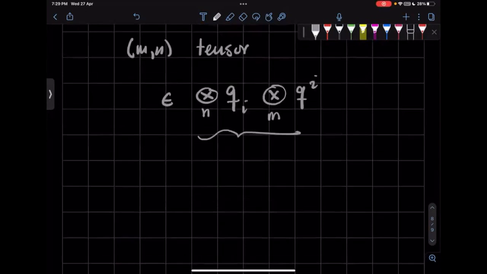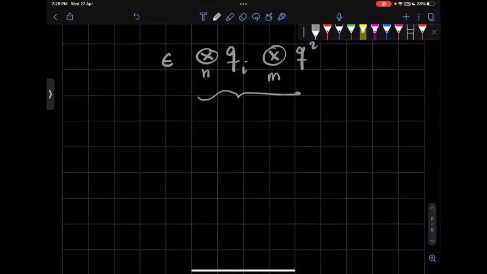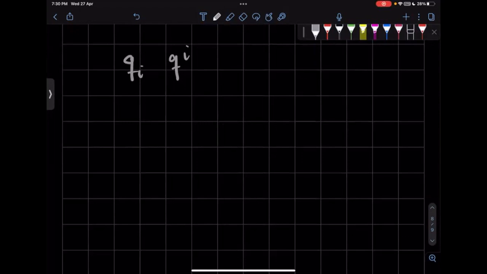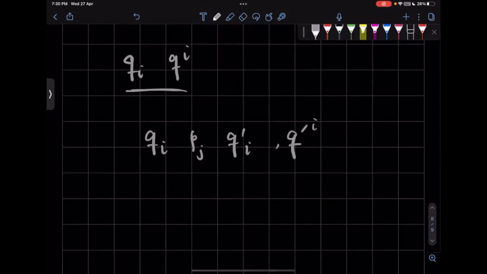And so how do we build these tensors out of our basic objects, which are Q_i and Q^i upstairs? We build them by combining different kinds of these. Suppose we have Q_i and then say P_j, which is another tensor, or Q prime_i, or we have Q prime^i upstairs.